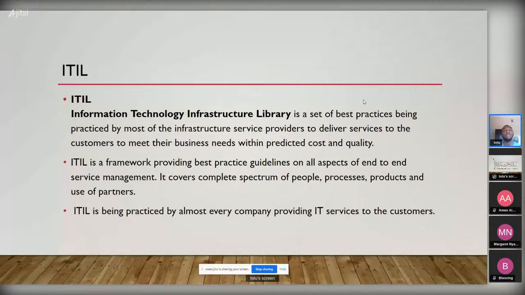Using Nigeria for example, we have MTN, which provides an IT service. All these mobile networks use the ITIL framework. So if you are providing services that people can use, it's best to use the ITIL framework.